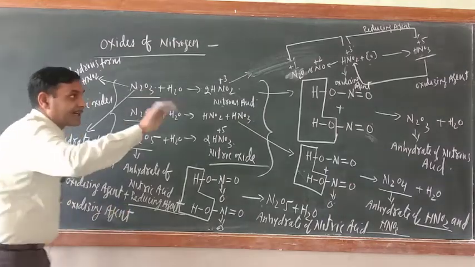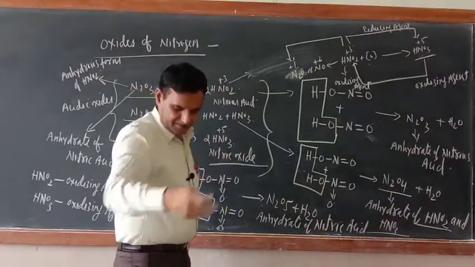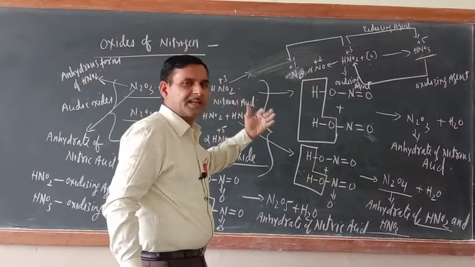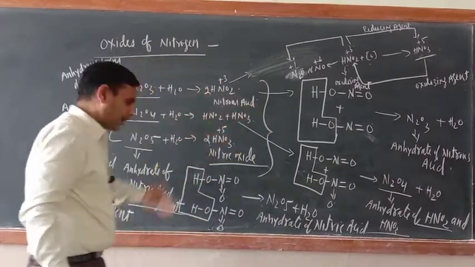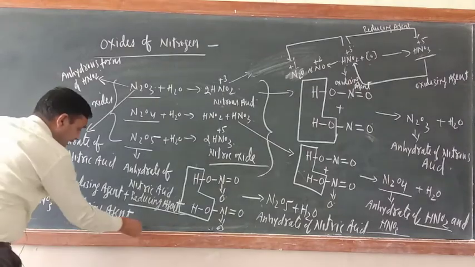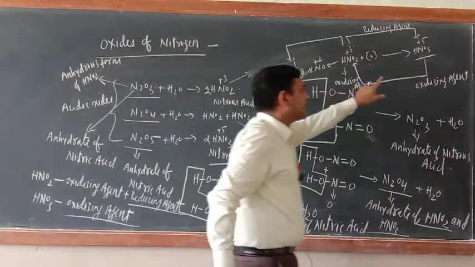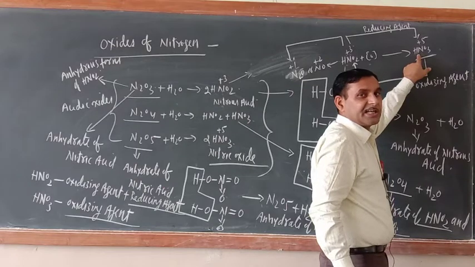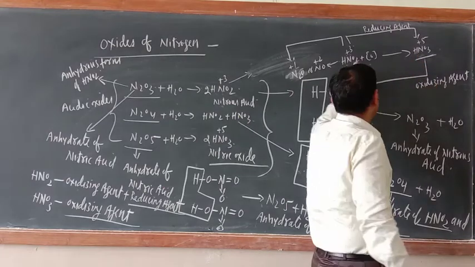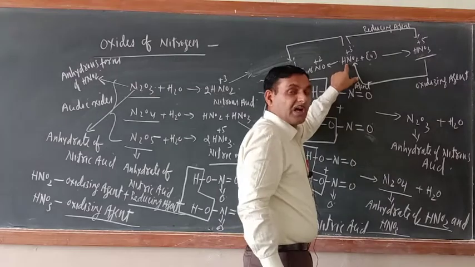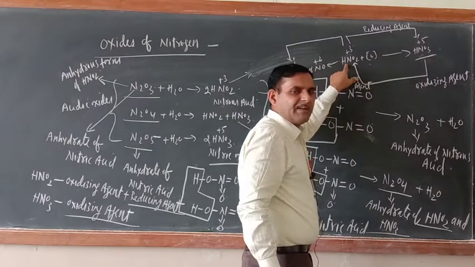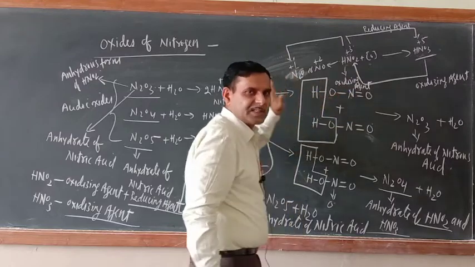It cannot expand beyond +5. Rather it can come back from +5 to +4, +3, +2, +1. So HNO3 can only undergo reduction. It cannot undergo oxidation. That is why it is an oxidizing agent. HNO2 can undergo oxidation and can undergo reduction. That is why it is an oxidizing agent and reducing agent both.